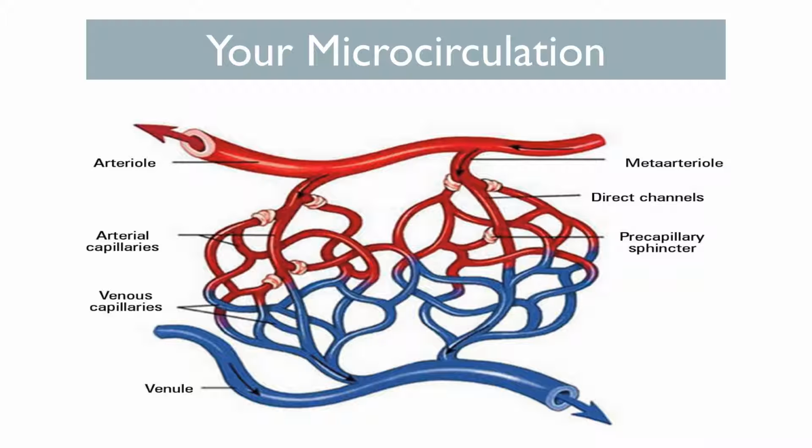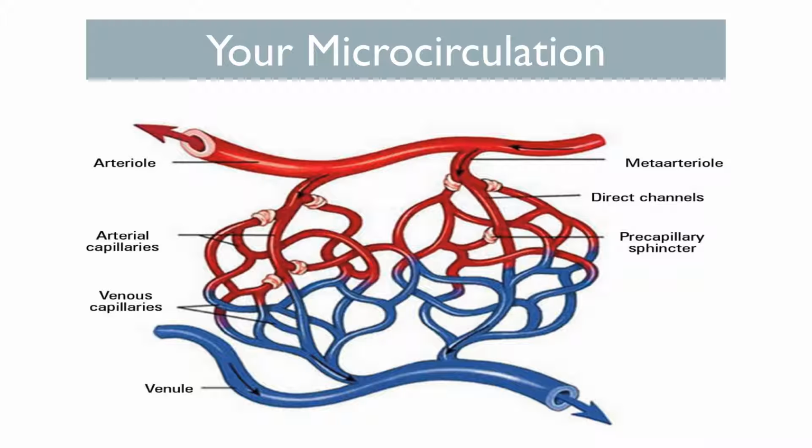These capillaries are so thin that it allows only one blood cell at a time to pass through each capillary network. This allows the transfer of the oxygen and nutrients to become more efficient.